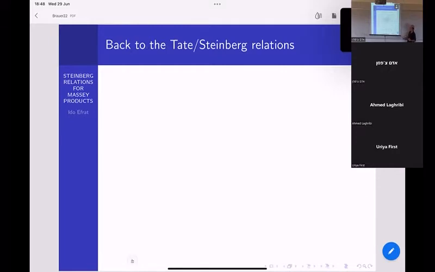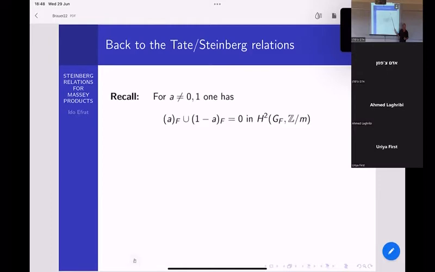And now let's go back to the standard relation to the Kummer case. Let's take a field element a, which is neither 0 nor 1. The cup product of the Kummer element of a and the Kummer element of 1 minus a is 0 in H2. Okay. Now we can translate this into the language of Massey products. Yes, we take the twofold Massey product, which is the set consisting just of the cup product.